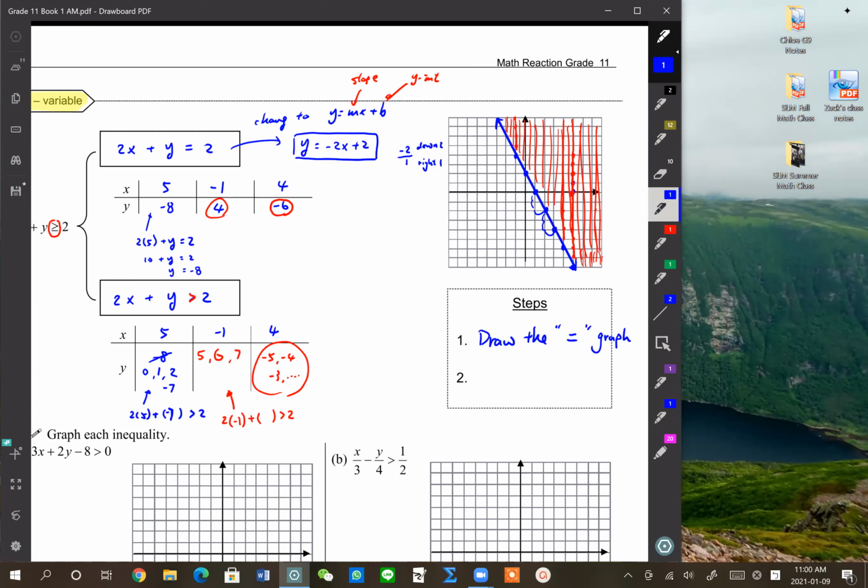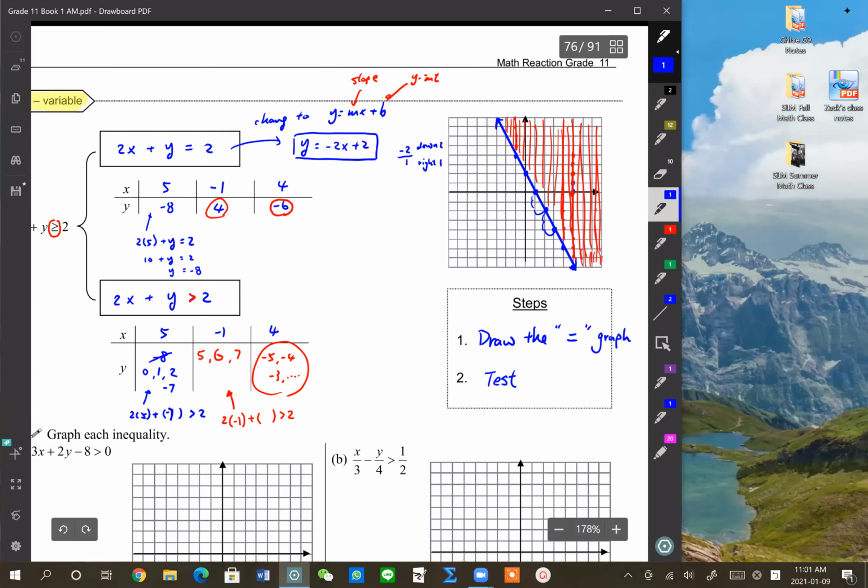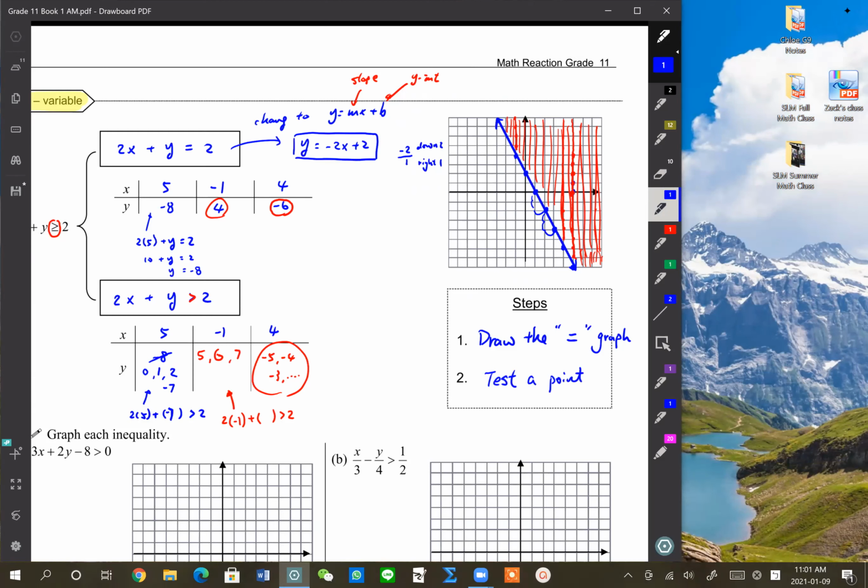So all you need to do is test 1 point, because if 1 point works, then everything else on the same side will work. We'll call it the test point. Of course, you don't want to choose a point that's on the line. You need to pick a point on one side.